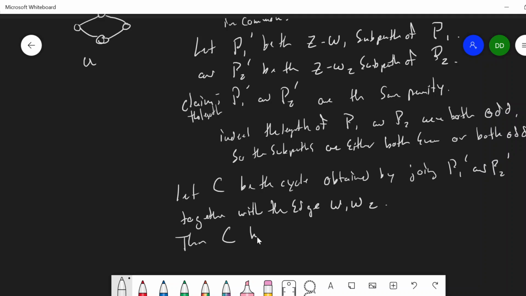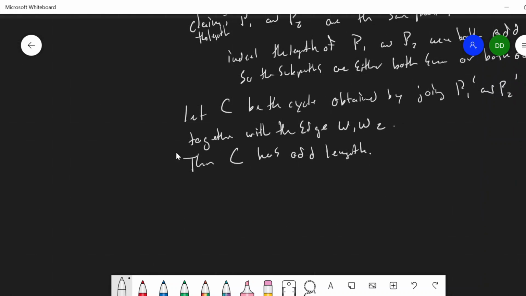Then C has odd length, right? Since P1 prime and P2 prime were the same parity, that part of the cycle must be even, but now I have this extra edge W1, W2, which forces this to have odd length. So C has odd length.